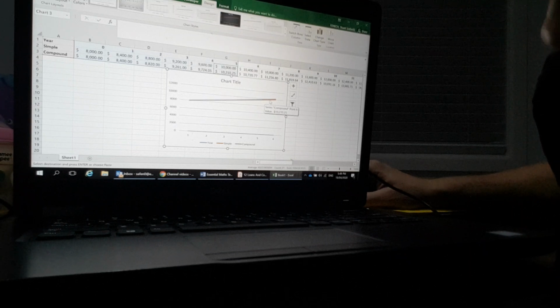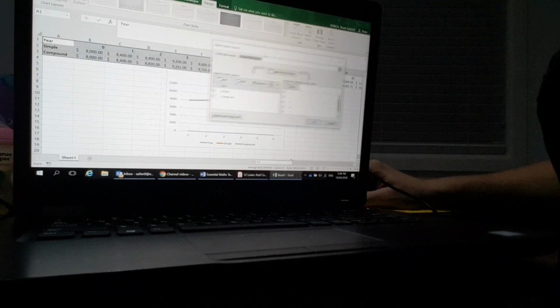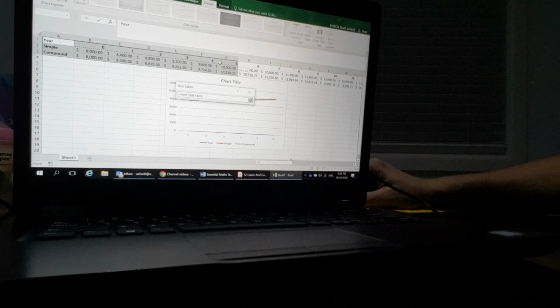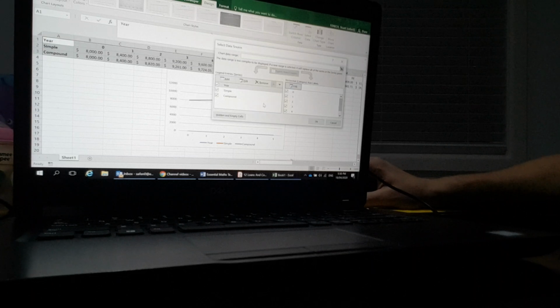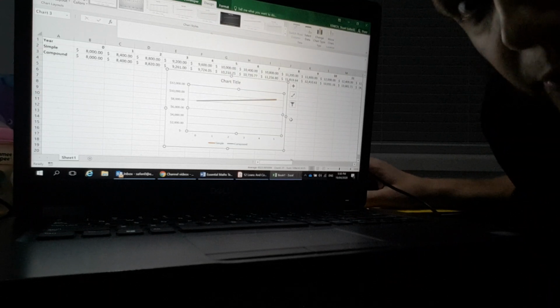The problem is that the simple and the compound there are not showing properly. And the other issue is that it's not showing the axis properly. So the axis there should be those values. Excel is not always the most cooperative thing in the world, is it? See, that's correct.